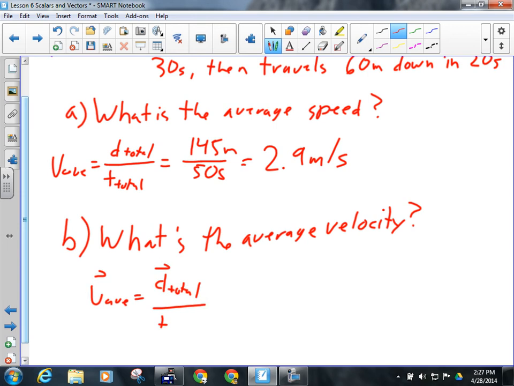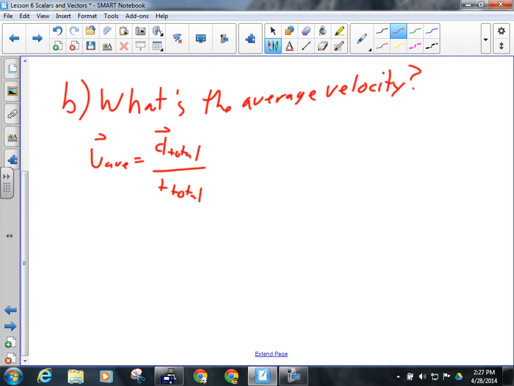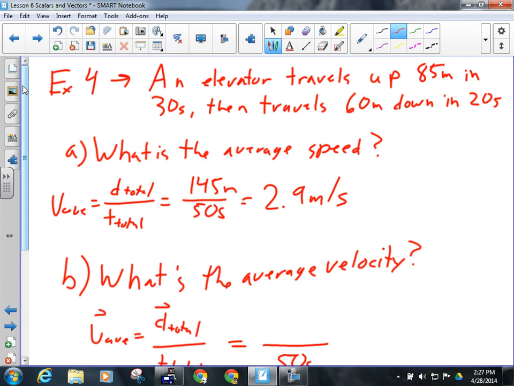Is the total time any different in this one? No, the total time is still 50 seconds. Time is scalar. You always add time. You never subtract time. So whatever the displacement is, it's going to be over 50 seconds. The elevator goes up 85 and then down 60.